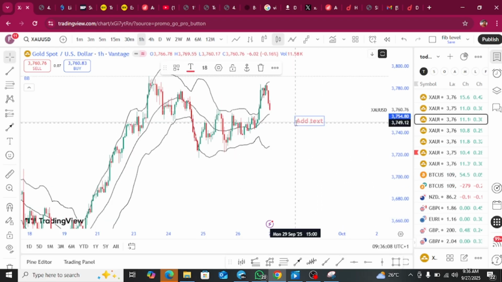Number one is the divergence. They look out for divergence. Number 2, they look out for liquidity sweep.